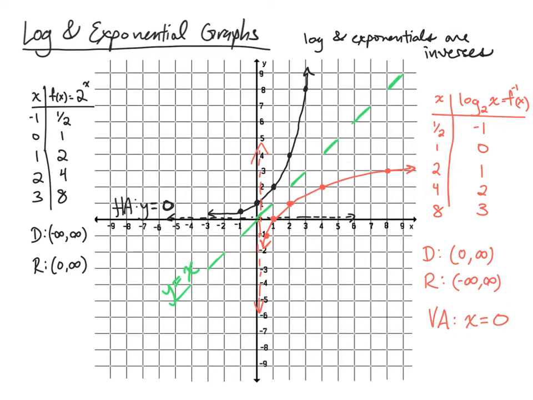But a vertical asymptote for a log parent function, which is a log, a base, and an x in the argument, is always going to be x equals 0. So this is very, very powerful, and this is what makes graphing logs very simple, that we can relate it back to exponential functions. All right, let's take a look at some specific examples on how to do this.